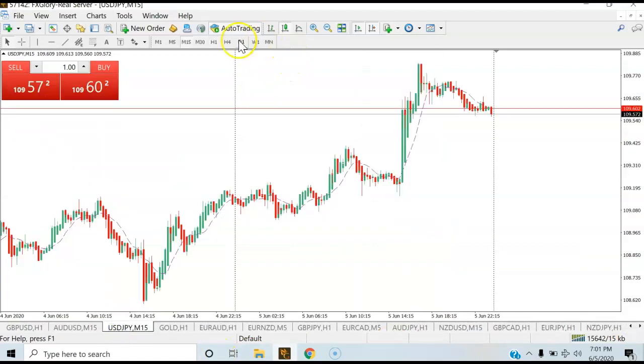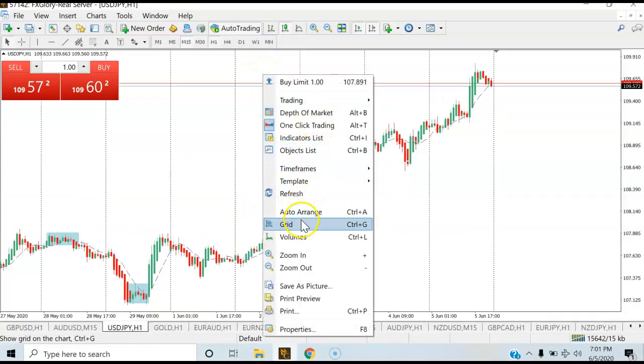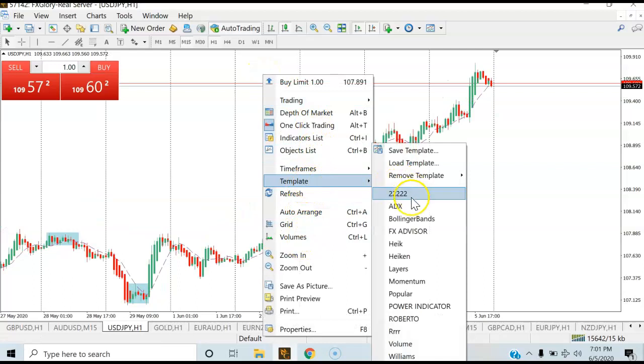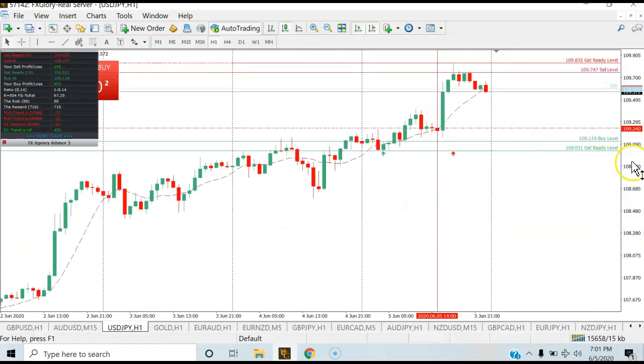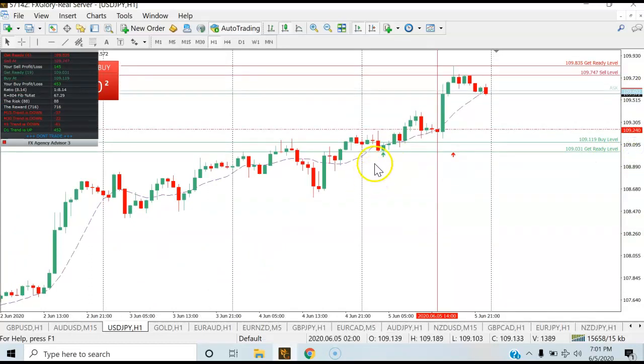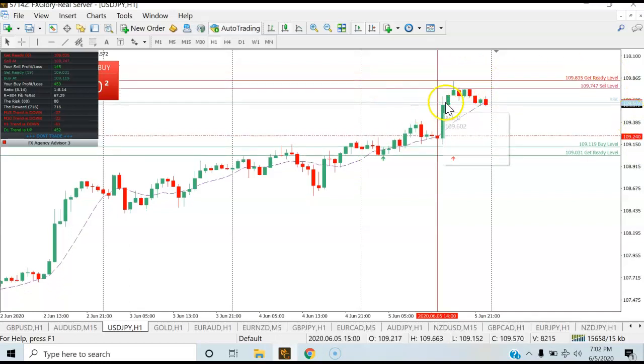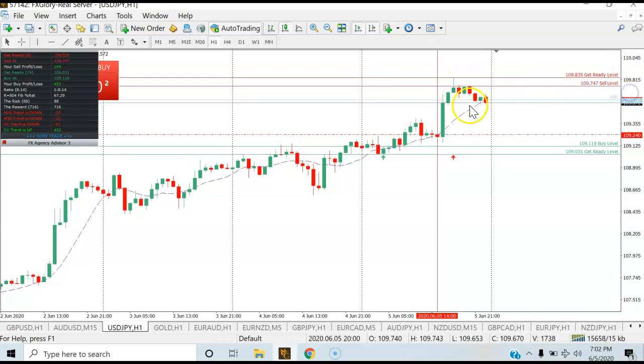USD yen, 1 hour chart, and load my FX advisory template. USD yen rallied, and then towards the end, it's 5, 4, 3, 2, 1. So about 12 o'clock noon, you see the advisory giving us a sell signal.